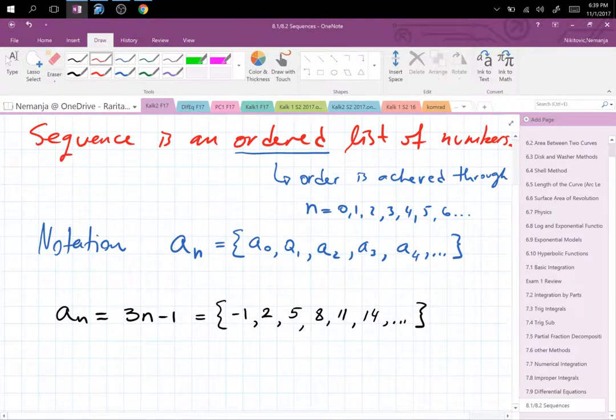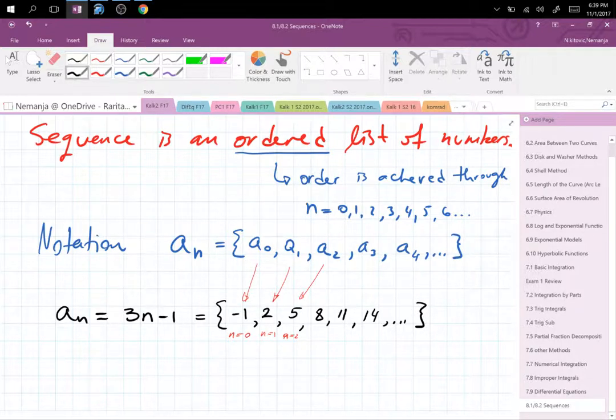Your a_0 was computed when n was 0, your a_1 when n was 1, your a_2 when n was 2, and so on. If you have the explicit formula, 3n minus 1, you can compute the list a_0, a_1, a_2, and so on. All you need to do is replace the index values into n and get the list.